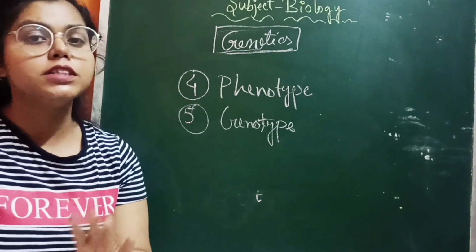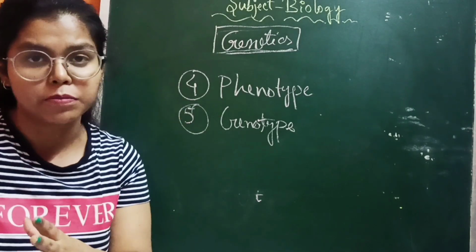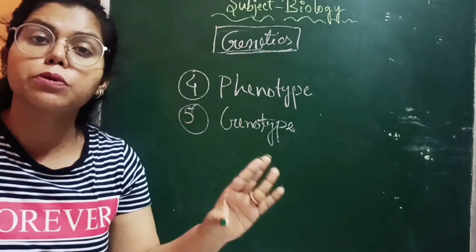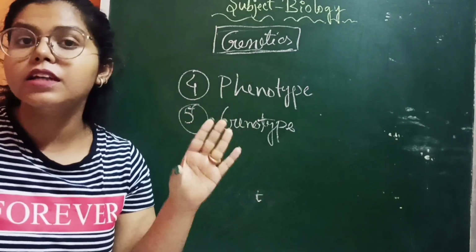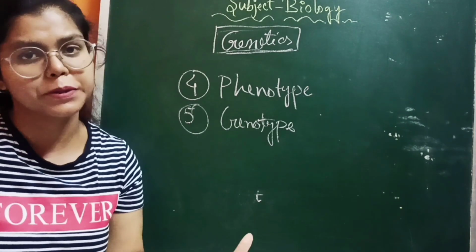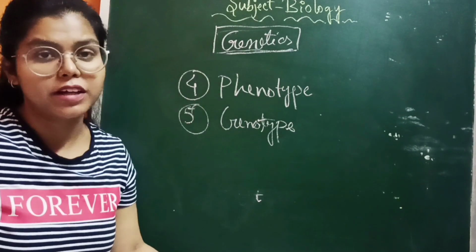This is due to the genetic analysis, or the genotype. So genotype means the genetic analysis of a particular trait. Here the trait is the color or texture of your hair. So this is genotype and this is phenotype.